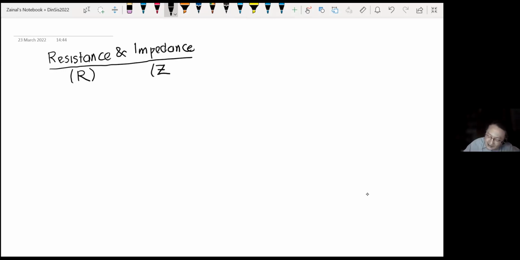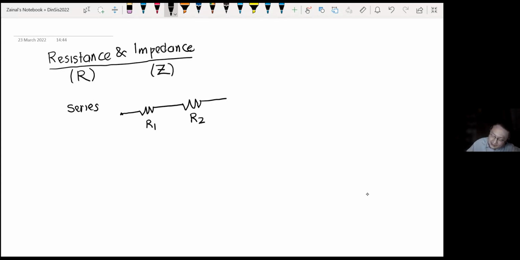Okay, first, resistance in series. If you have something like this, and you have two, this one is very simple. This one is R1, R2.